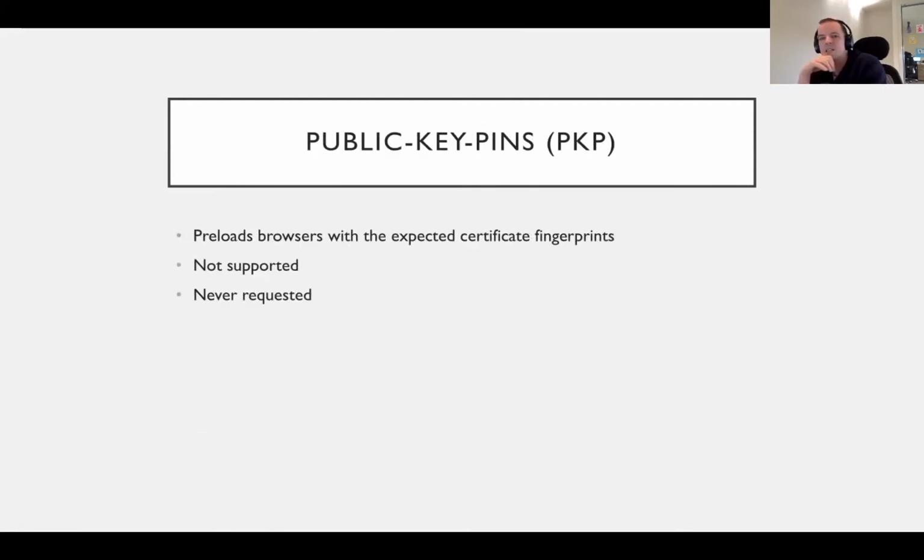And this last one, public key pins, goes hand in hand with HSTS. Chrome and Firefox, and I don't know if Edge does it yet. Actually, Edge does now. They have a preload list of signatures, effectively certificate thumbprints.